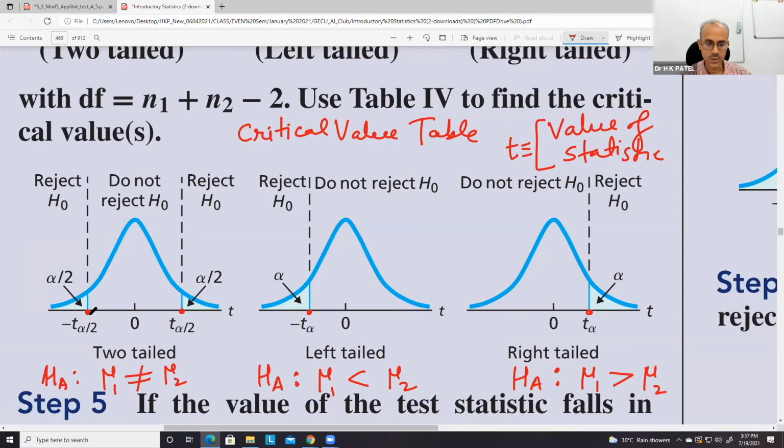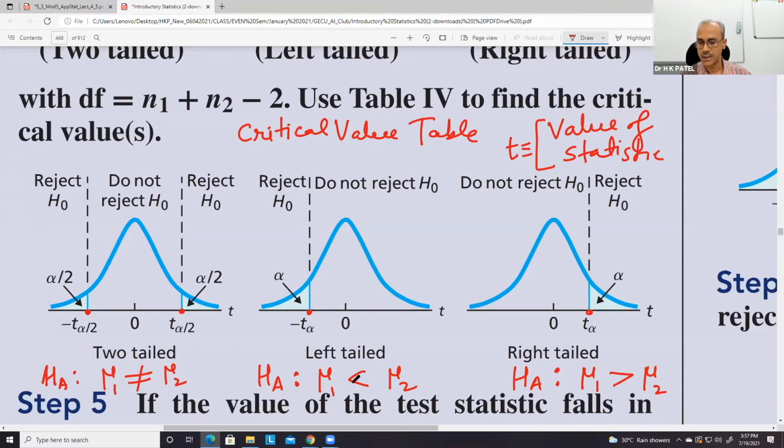If T lies between minus T alpha by 2 and T alpha by 2, we don't reject null hypothesis. Do not reject H0. But if this T is greater than T alpha by 2 or it is less than minus T alpha by 2, in both the cases we reject null hypothesis.